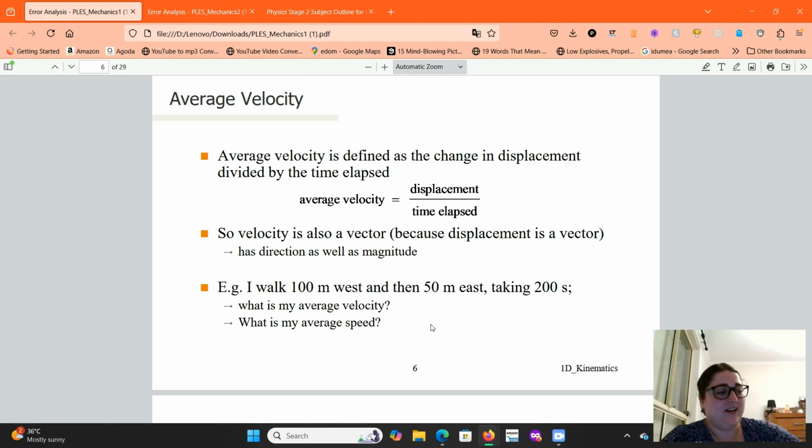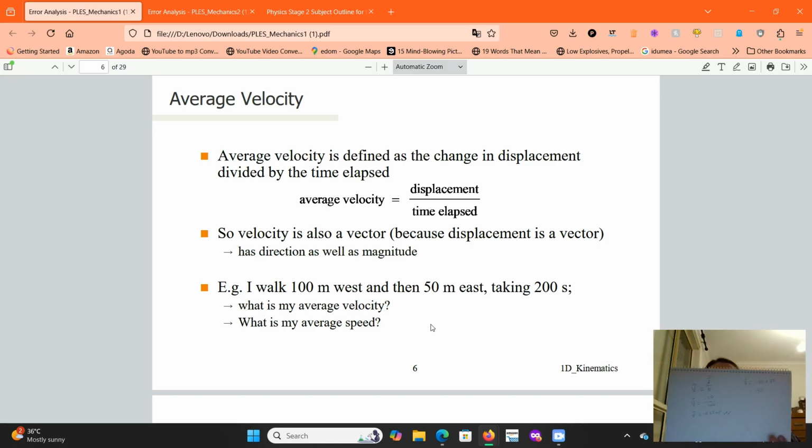Alright, if we want to do our average speed, there it is, the working out on the piece of paper. If we are looking for speed, we do speed equals distance over time. Our distance is equal to 100 plus 50, which is 150.